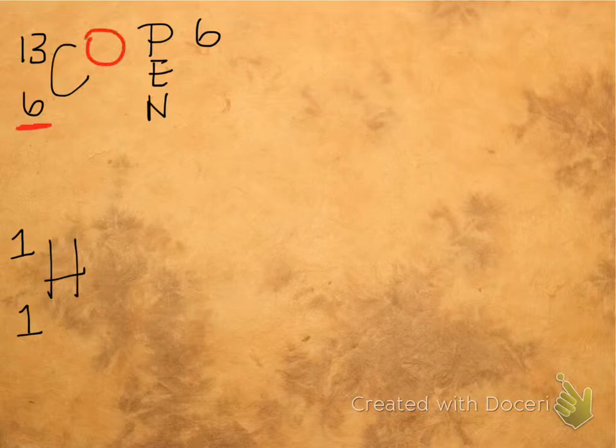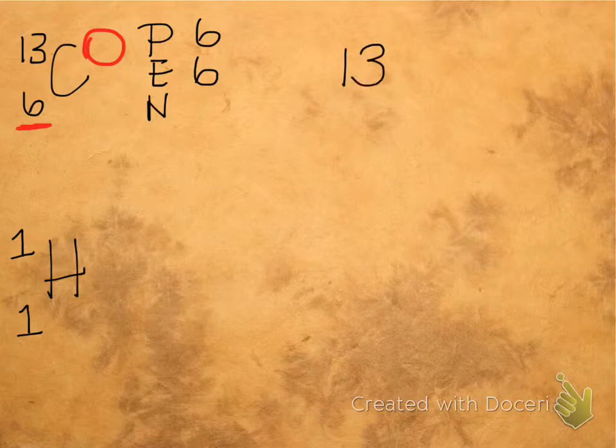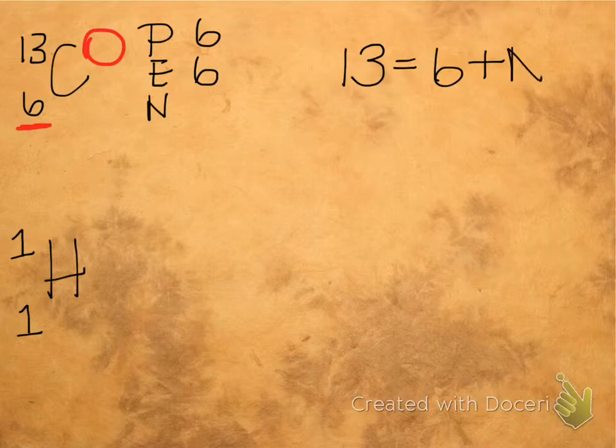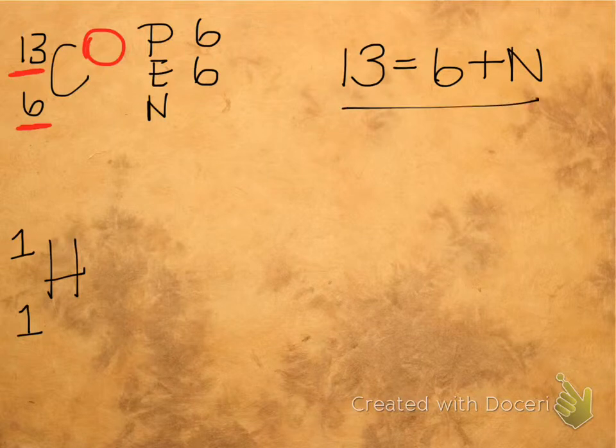It has no charge here, so our electrons are the same as our protons. Now remember, mass equals your protons plus your neutrons. I got that mass number from this 13. Rearranging this with some algebra, we see that neutrons equals 7.